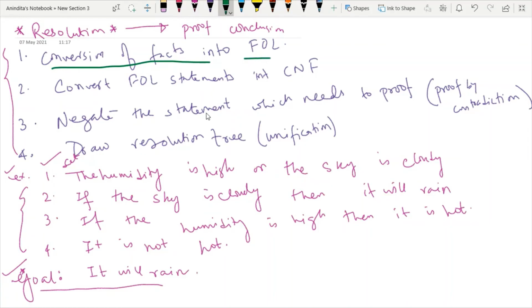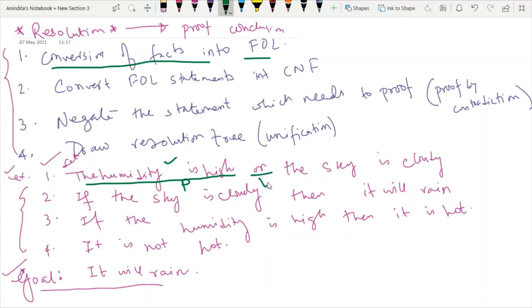Now, how could I convert? See, the first statement is the humidity is high or the sky is cloudy. We do not have any all or some word, so I will use simple propositional logic conversion. The humidity is high, I will consider it as P, because for propositional logic, whatever first fact is given to you, we consider that first fact as P. So this is a rule, or you can say it is a convention also.